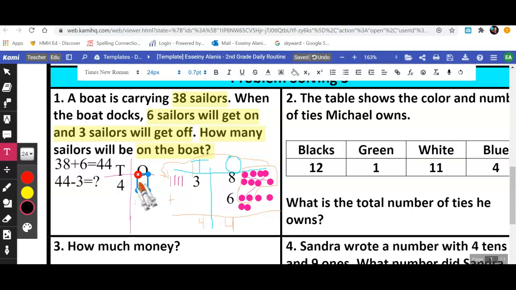So I'm going to put the number 44 minus 3. And I draw my pictorial model. The only difference is when I'm subtracting, I don't draw, I cross out. That's how I show subtraction, by crossing out.